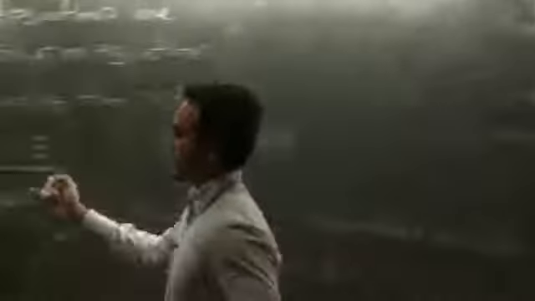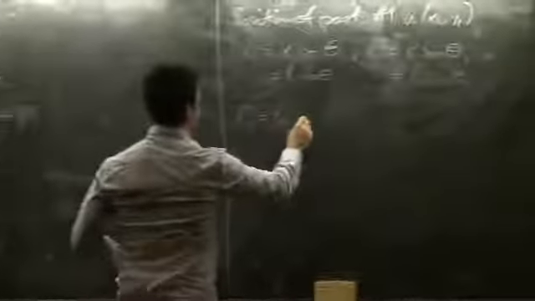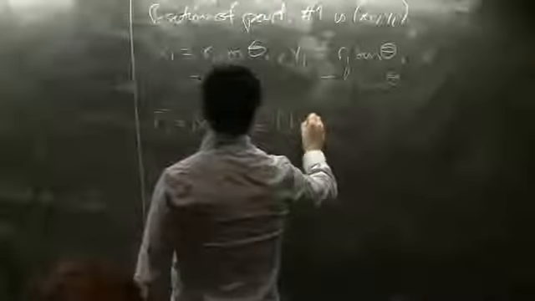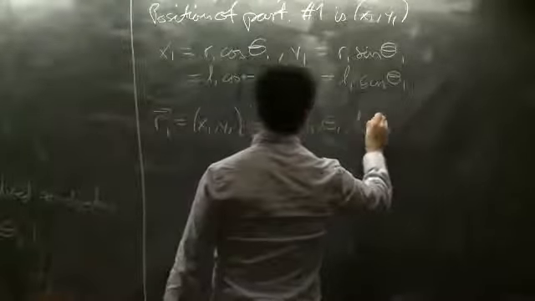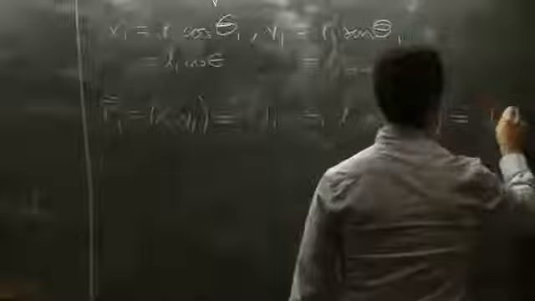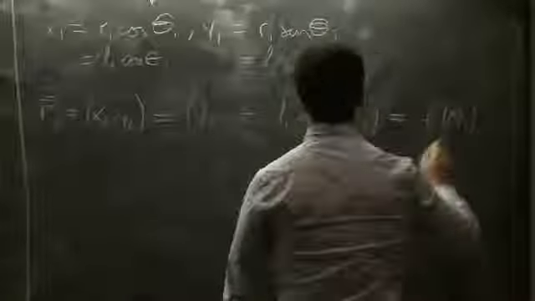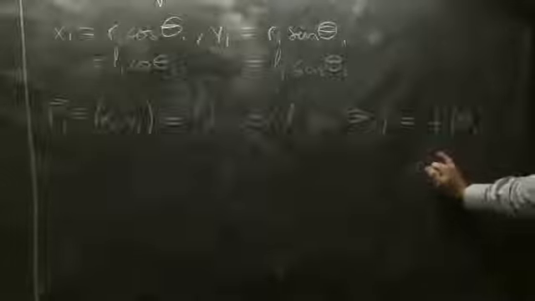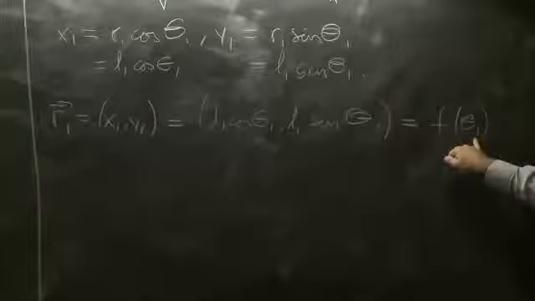So if we were to write this transformation equation for our system, you see that it's only a function of θ1. All right? In principle, it could have been a function of θ2 as well.